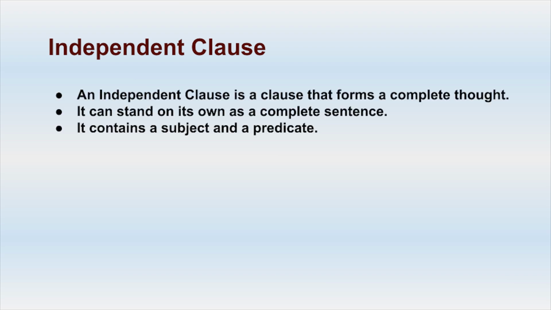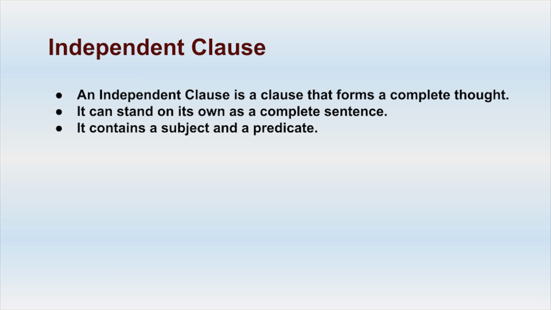An independent clause is a clause that forms a complete thought. It can stand on its own as a complete sentence, and it contains a subject and a predicate. The subject performs the action, and the predicate is a part of the sentence or clause that tells us what the subject does or is.